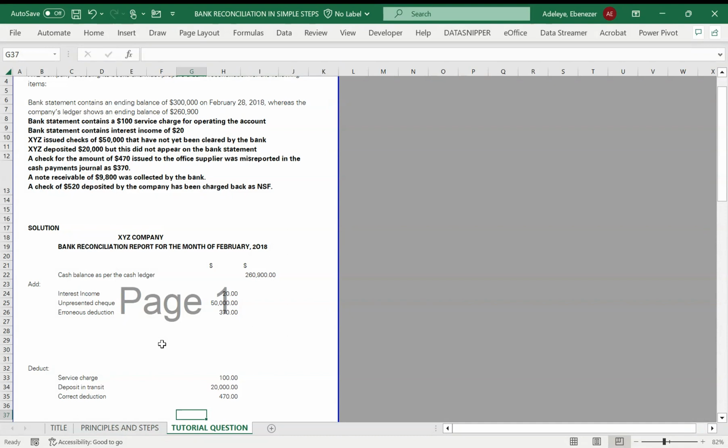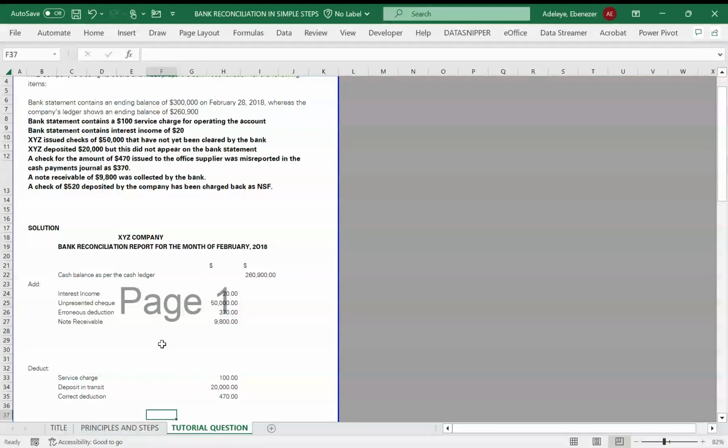So it means that this amount, that the company has been expecting to receive, was eventually received by the bank. So it is an example of what is in the bank statement but is not on the cash ledger. And since it is an inflow, the bank has added, so we have to add. So note receivable, 9,800. That is that for that.